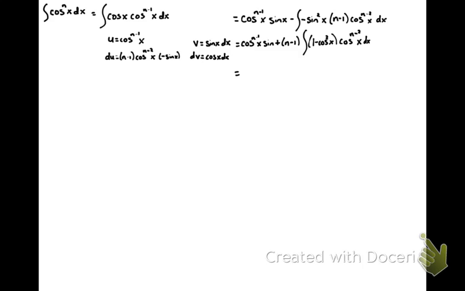And if I keep going with this, I've got cosine n minus 1 to the x, sine of x plus n minus 1 times the integral.